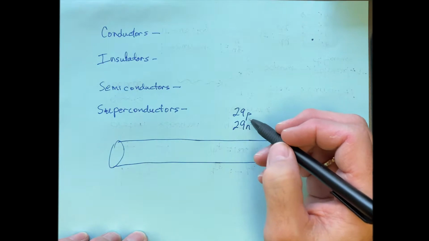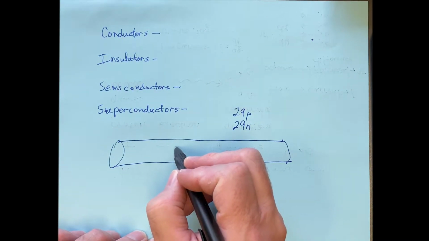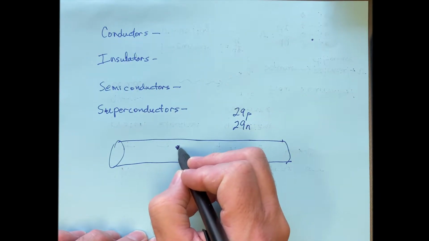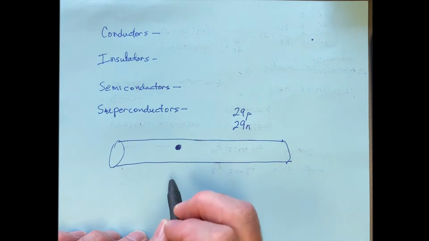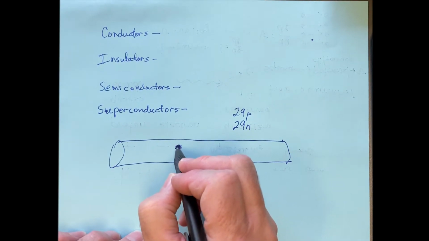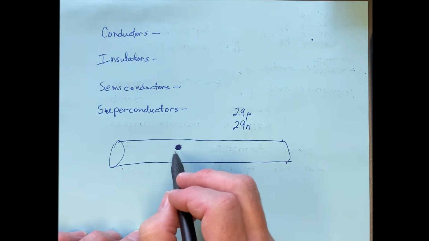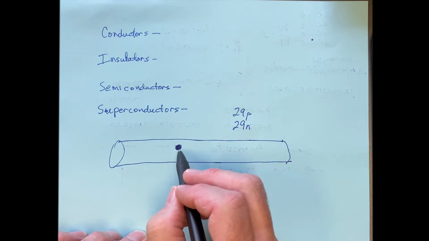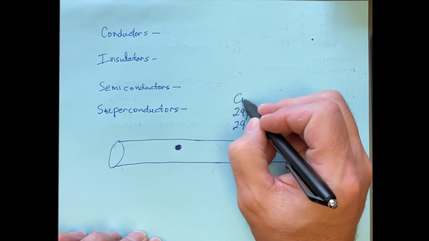So you've got 29 protons. Now add to that 29 neutrons. That represents then one nucleus of a copper atom.